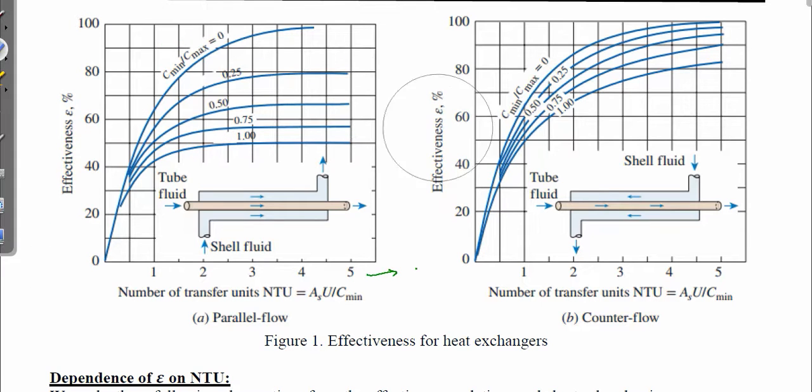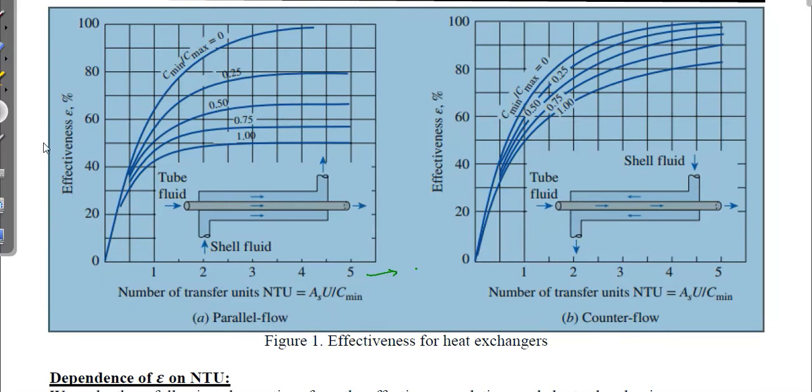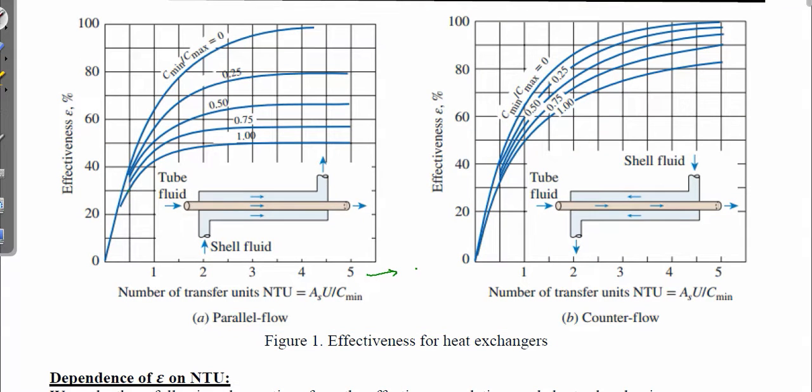So here we see at low values of NTU, the effectiveness of all the curves is low. But as we increase the NTU value, the effectiveness increases and reaches a constant value. Just see this constant value; after that, if you increase the size of the heat exchanger, you won't get better effectiveness.